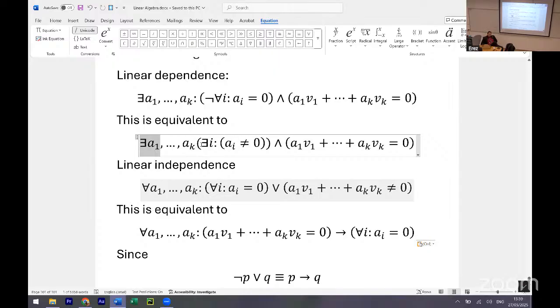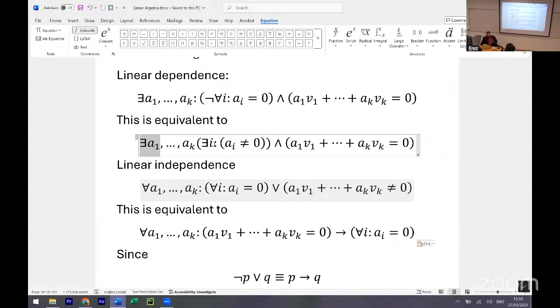But I still regard it as two quantifiers because it's over different domains. This is a quantifier over the scalars, and this is a quantifier over the chosen scalars. I already chose scalars and I quantify over them. So however you twist it, there are two quantifiers there.